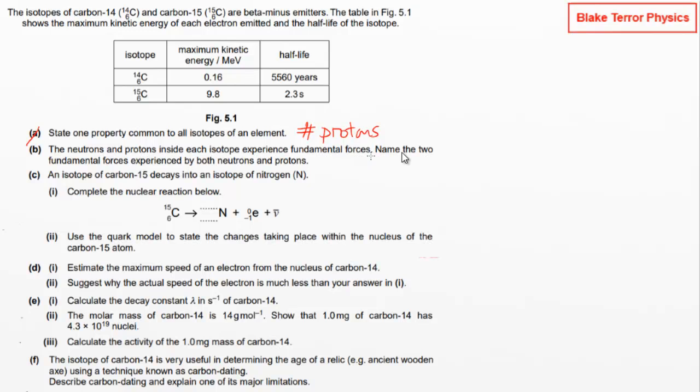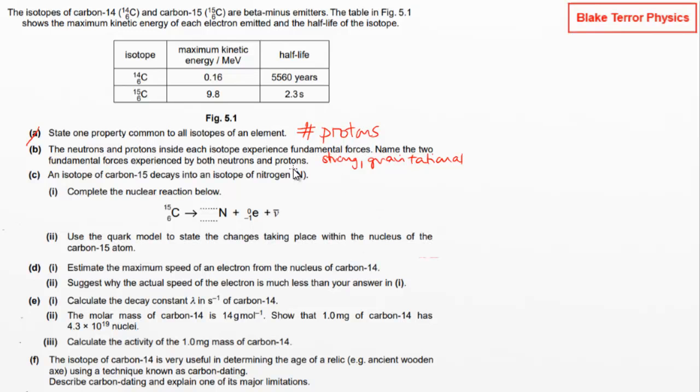Right, so we've got the strong nuclear and gravitational. I mean, there is also the weak force that's kicking around. That's going to be occurring inside these protons and neutrons in between the quarks. So exactly whether you'd rule that out as being experienced by both of them.